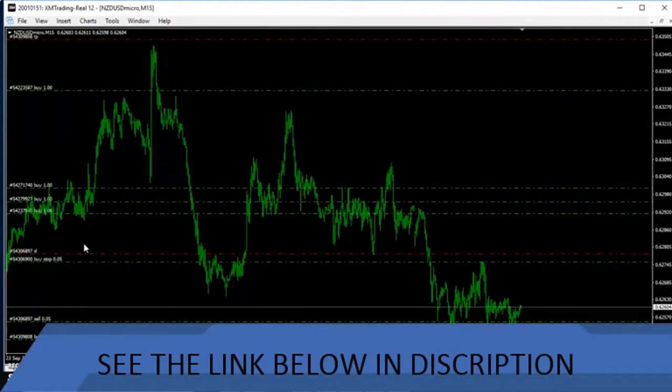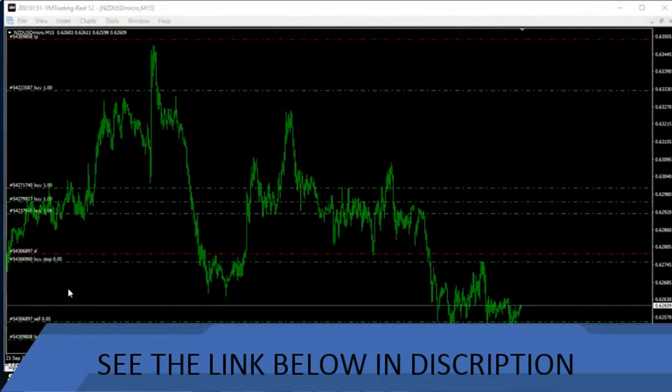If you don't know this and your eyes cannot spot it, forget about big lot. You are not going to be taking big lot, risking your account when you don't even know what the market is doing.